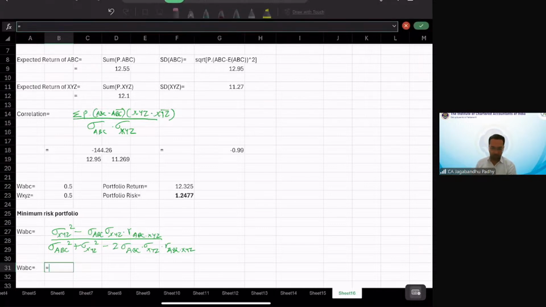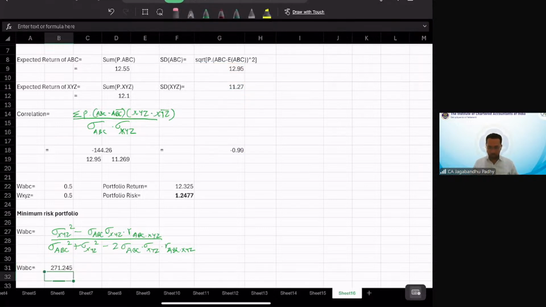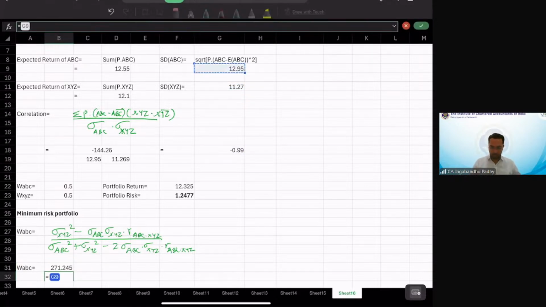How much is it? First up, variance of XYZ. So this will be this square minus standard deviation of ABC into standard deviation of XYZ into correlation, divided by standard deviation of ABC square plus standard deviation of XYZ square minus 2 into standard deviation of ABC into standard deviation of XYZ into correlation.